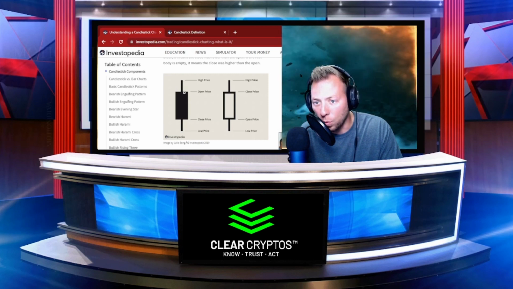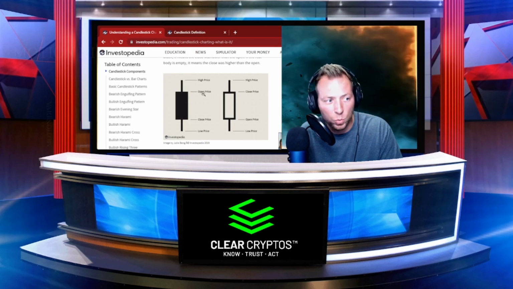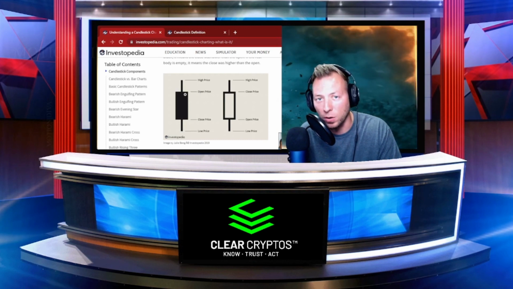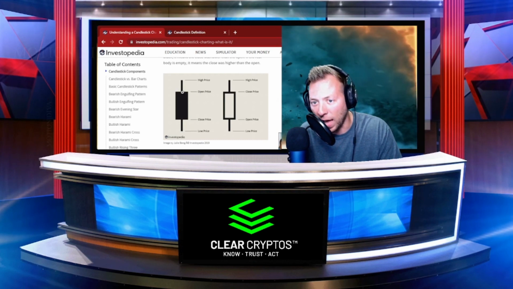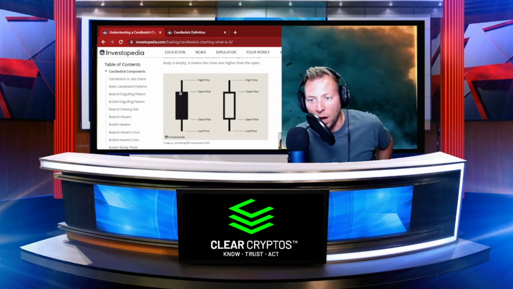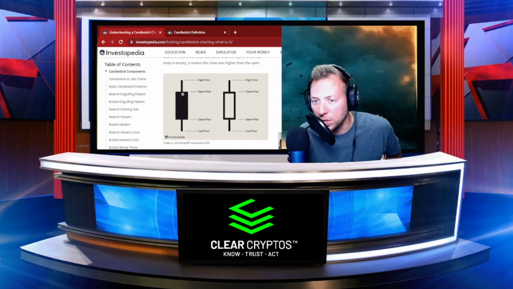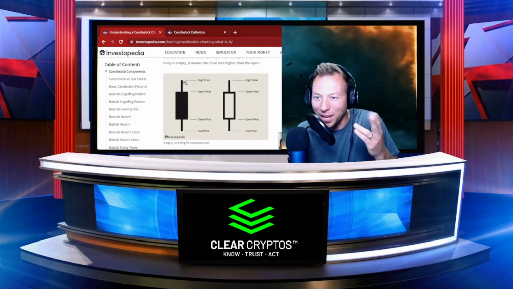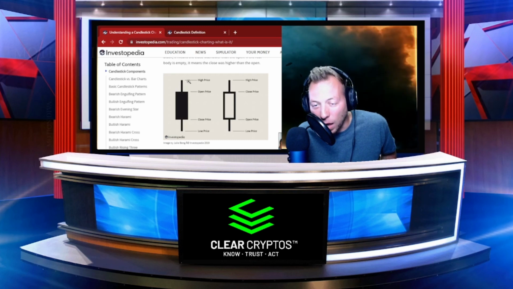On the left, this shows the opening price of the candle. Once it hit that period of time, this is where that candlestick would start. If the price moves up during that period, it can reach a wick, which shows the high price.